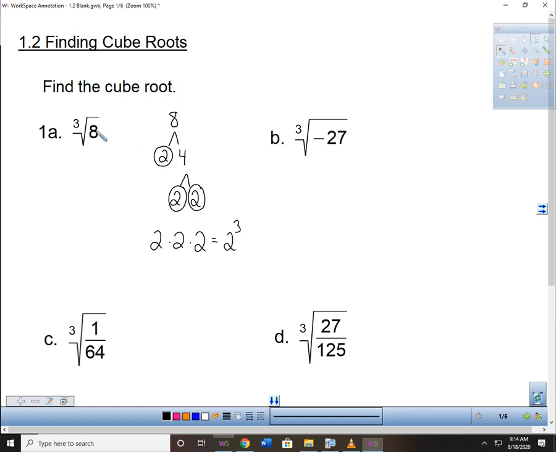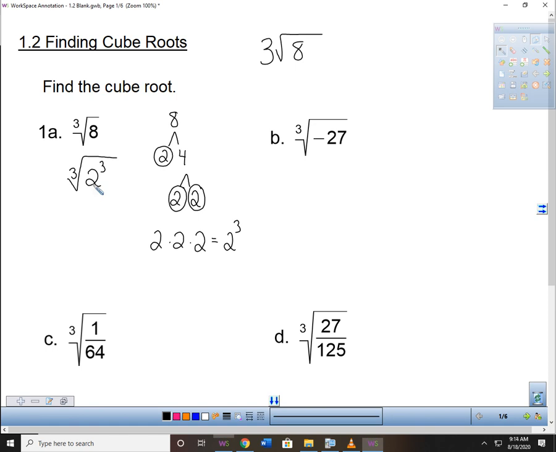So I'm going to take this 8 out. You want to make sure when you write these 3's that you put them in the little hook area, because if you don't, some people will write them like this, and then I can't really tell if you meant for that to be 3 times that or whatever.